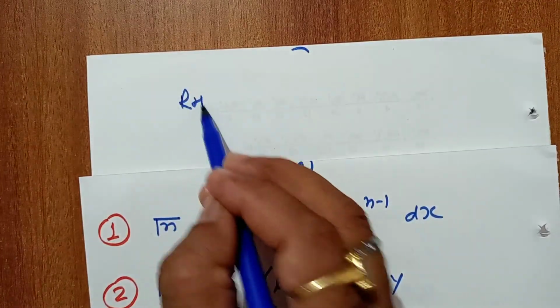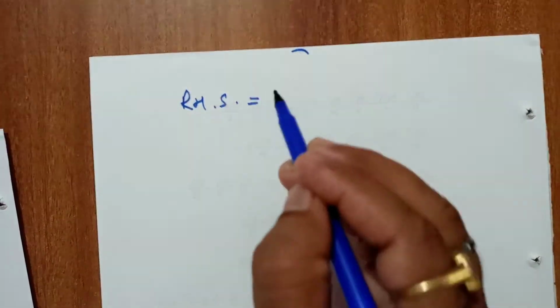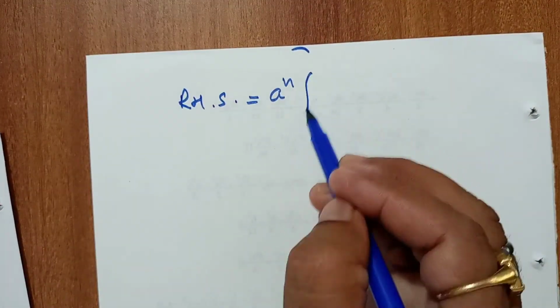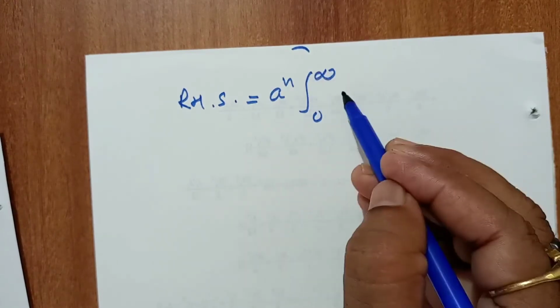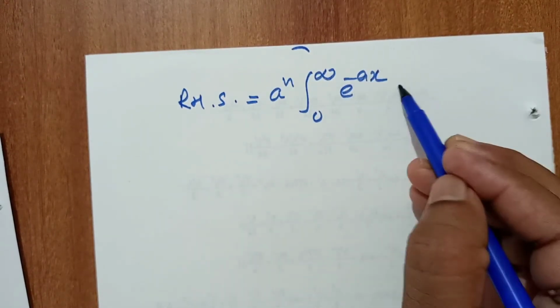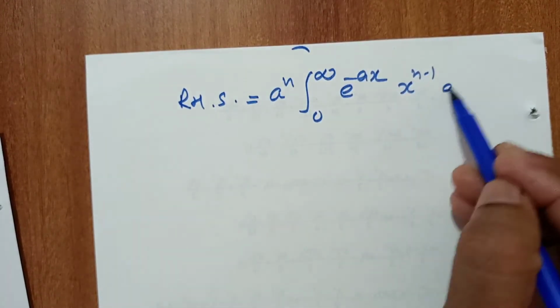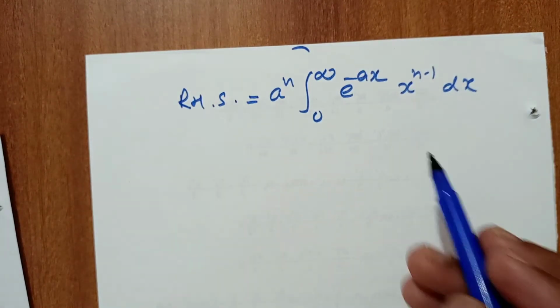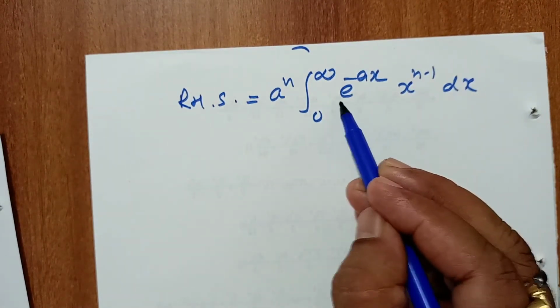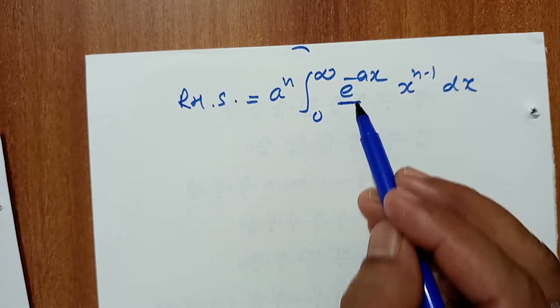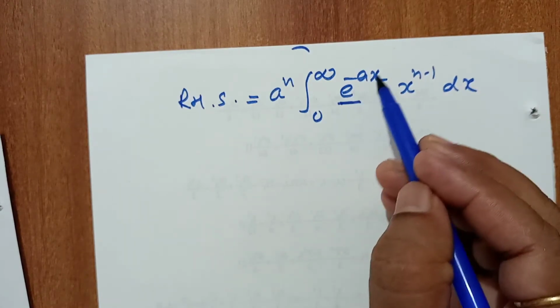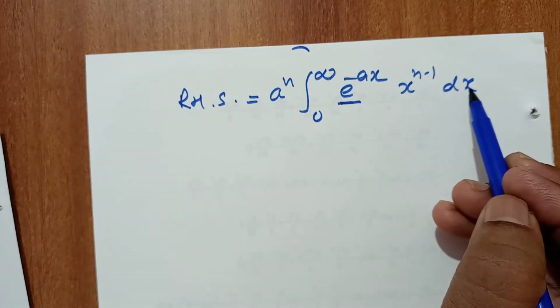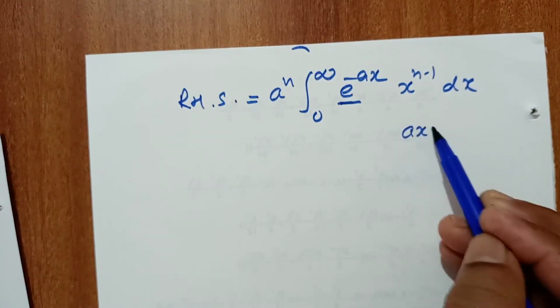The right hand side is a to the power n, integral from 0 to infinity of e to the power minus ax, x to the power n minus 1 dx. Here you only see the exponential, e to the power minus a variable, so ax is equal to t.